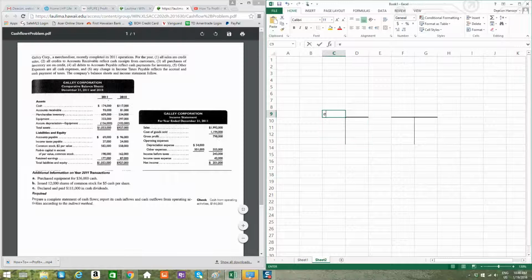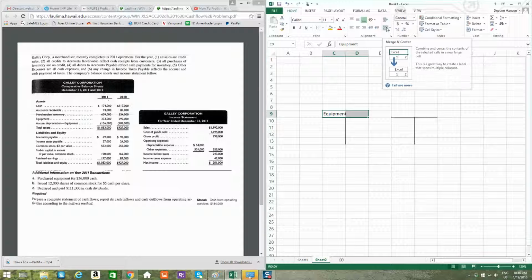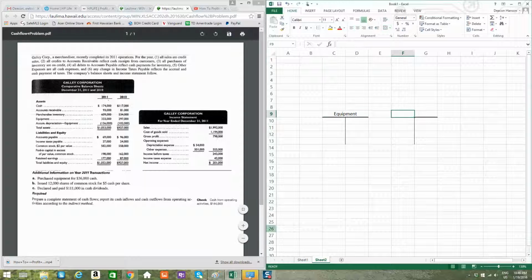So we have equipment, and we have the related accumulated depreciation on the equipment. So I'll just put in an AD for accumulated depreciation.